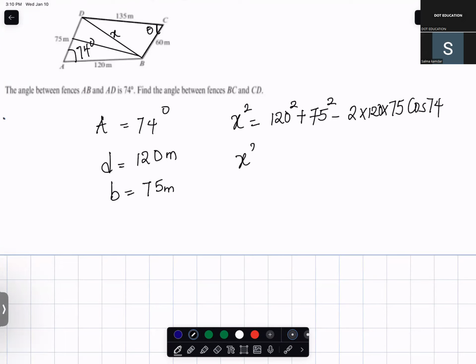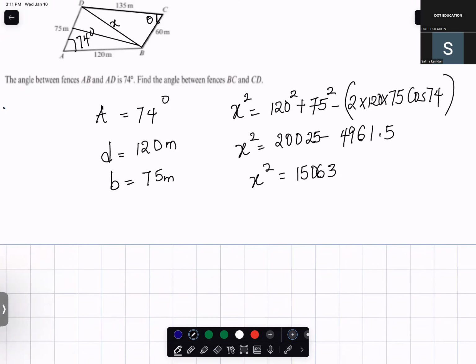So X squared will give us 20,025 minus this cos term, which will give us 4,961.5. So I have X squared as 15063. Mind you, we are looking for X and not X squared.